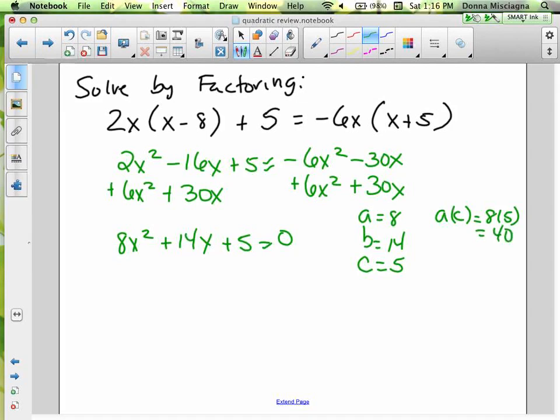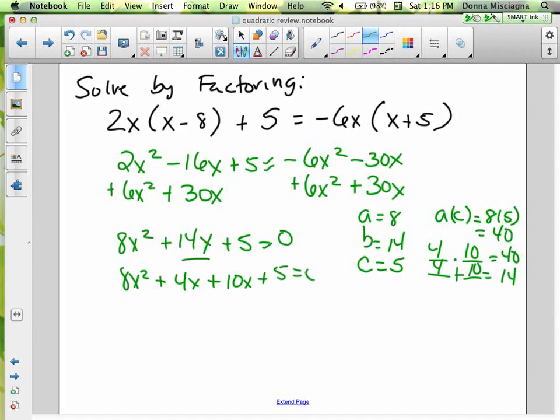We need 2 numbers that multiply to give us 40, but add to give us our b term of 14. I think this one's an easy one to figure out. That is 4 and 10. So we'll replace the 14x with a 4x plus a 10x. So we have 8x squared plus 4x plus 10x plus 5 equals 0.